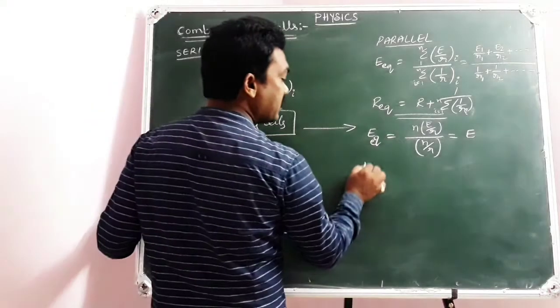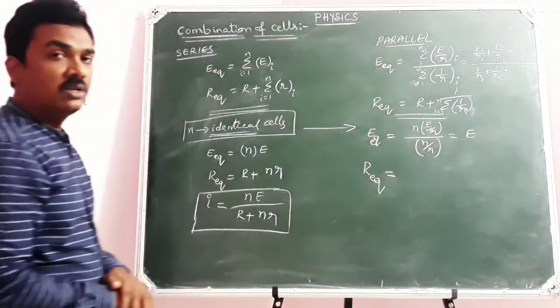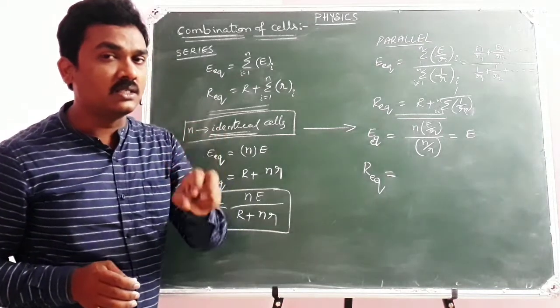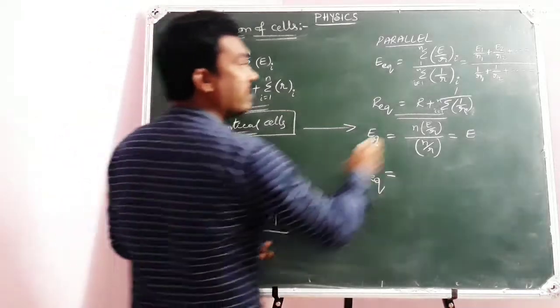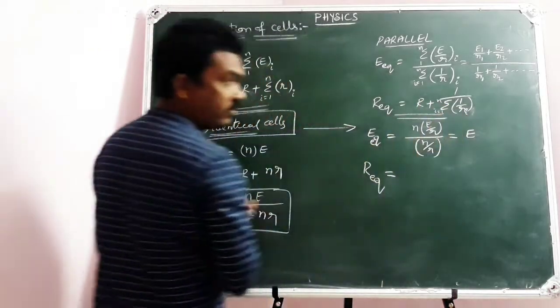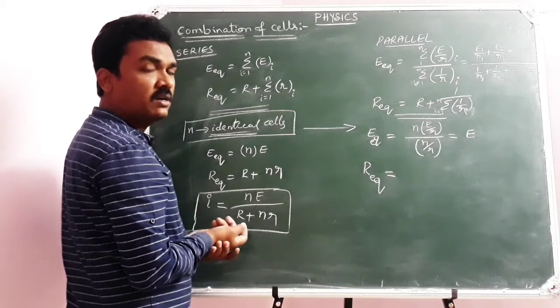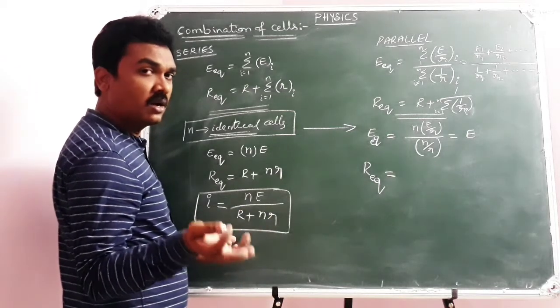Now equivalent resistance in parallel combination: I told you, first of all the internal resistances are in parallel. They give equivalent resistance 1 by sigma of 1 by R, which is a very important point. Of course, you know very well, when n identical resistances are in parallel, you will get R by n.